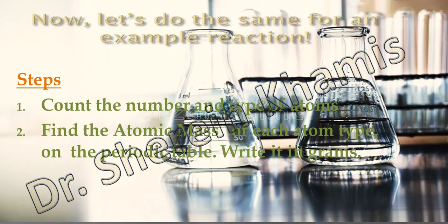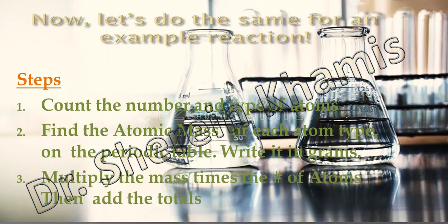Write it in gram: remove the atomic mass unit and put it in a gram unit. So we can follow these steps for calculating the molar mass. Multiply the mass times the number of atoms, then add the total. I think these are easy steps for us to calculate the molar mass.